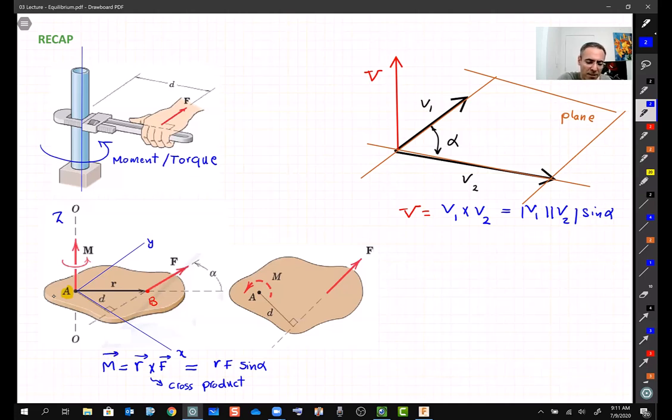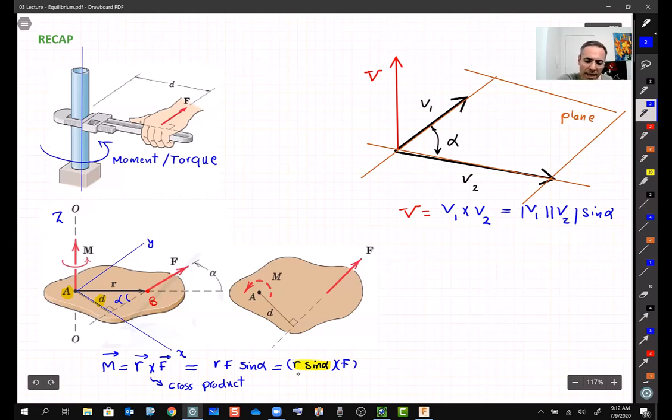So if I simplify these things, I can write down R sine alpha, right? The same thing multiplied by F. But we know this R sine alpha is equal to D, which is this distance in this triangle, right? See, if this angle is alpha, this angle also is alpha, and this D is equal to R sine alpha.